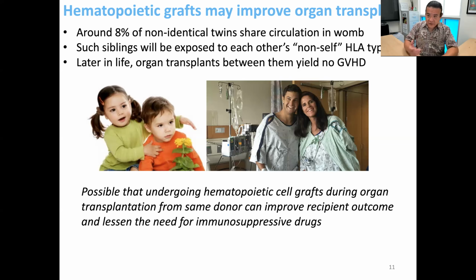Much later in life, as adults, these non-identical twins are very good at being donors for each other for organ transplants, because their immune systems from the very start were tolerant of this other person's HLA type. So it's possible now that many surgeons who are doing transplants try, at the same time that they transplant something like a kidney, to also transplant a little bit of hematopoietic stem cell tissue, to allow the host's immune system to have a glimpse at another set of HLAs coming from immune cells, to hopefully lessen or dampen the allo reaction that might otherwise take place.